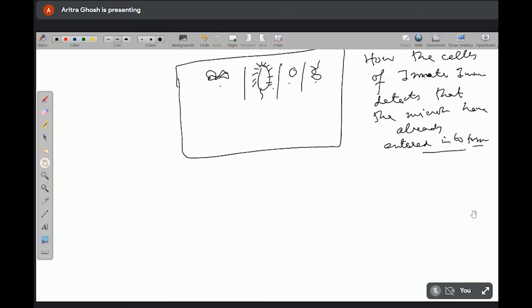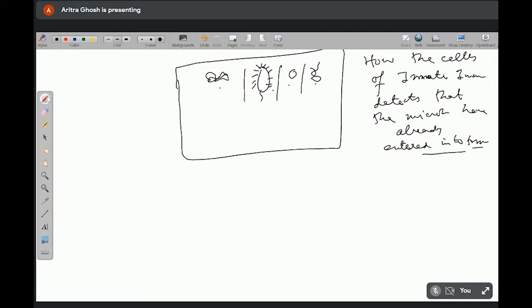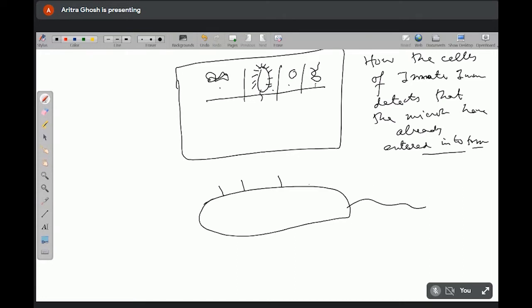I am telling patterns, that means repeated patterns are there in each microbe. It could be a virus, it could be a fungus, it could be a parasite. All over, the common term is the pathogen associated molecular pattern. Understood?